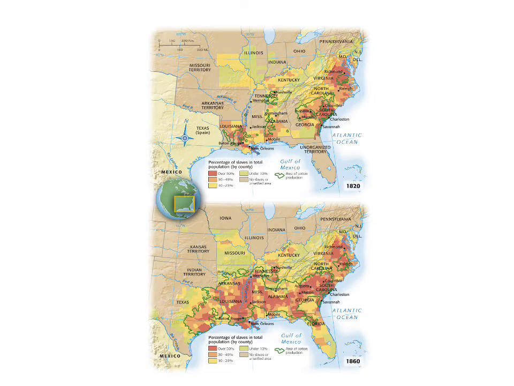On this slide, we see the percentage of slaves in the total population. The top map is 1820, the bottom map is 1860, and the dark red represents over 50% of the population being slaves. You can see in 1820 the large number of slaves in Virginia and North Carolina.